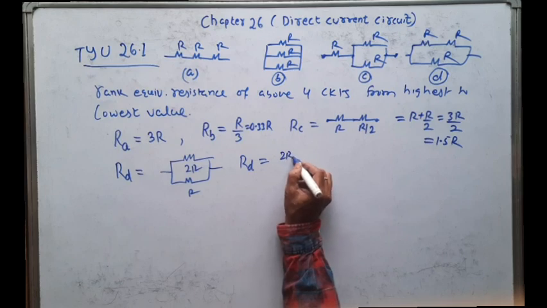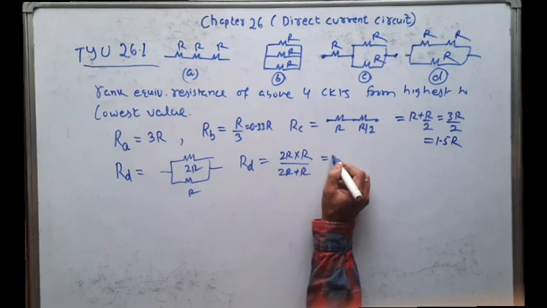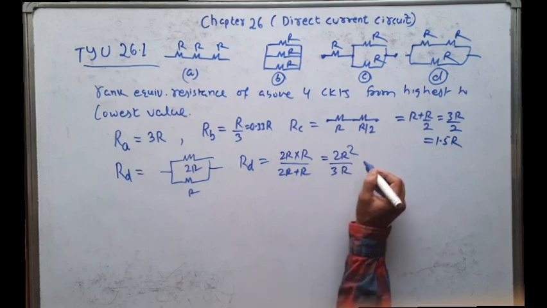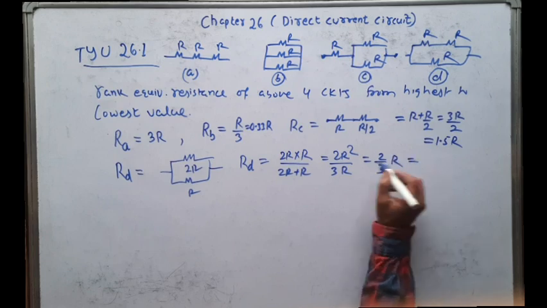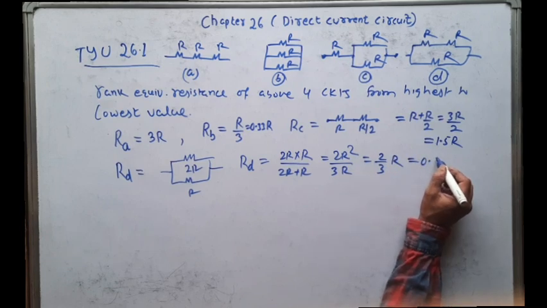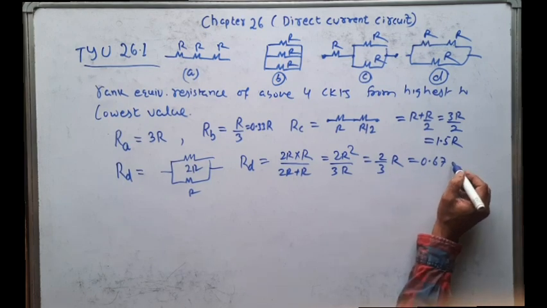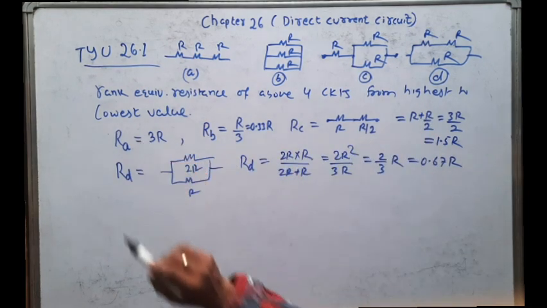That is 2R into R divided by 2R plus R. That is 2R square by 3R, that is equal to 2 by 3 into R. 2 by 3 is nothing but 0.67. So 0.67 R. So now we have to rank the resistance values from highest to lowest.